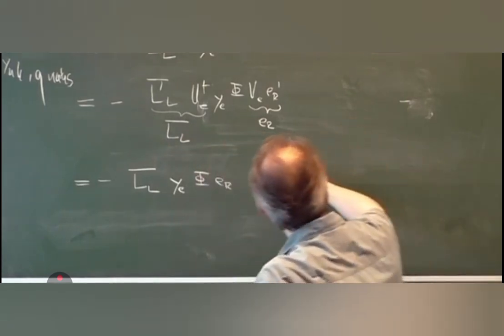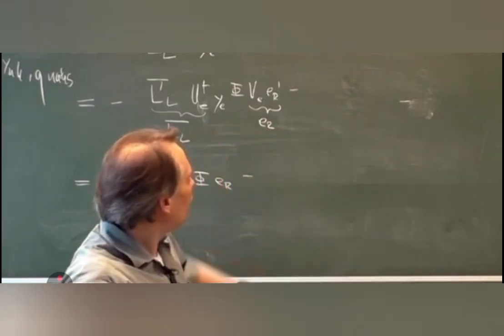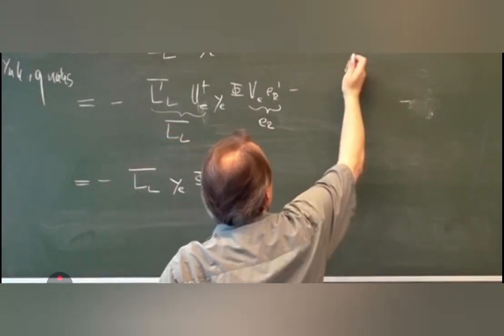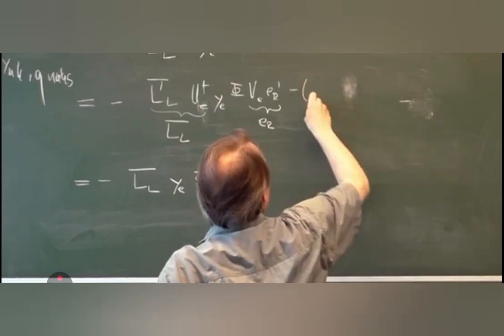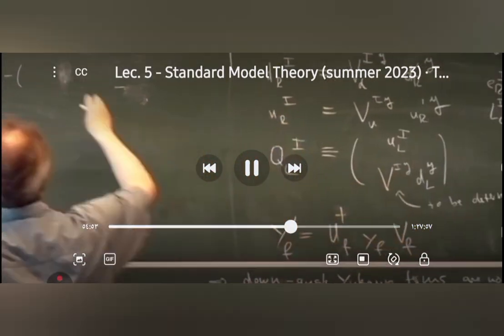Now the next case here. The down quark Yukawa coupling can be written in the same way, and for the doublet, let us first leave it as it is.